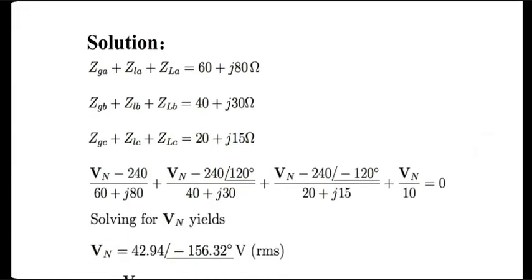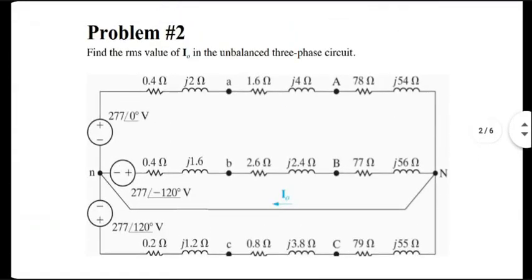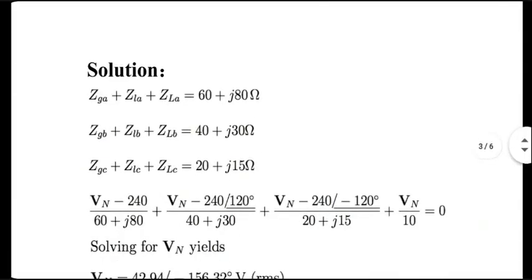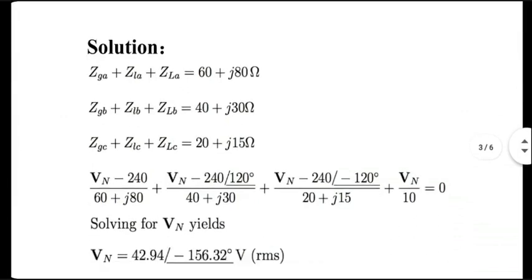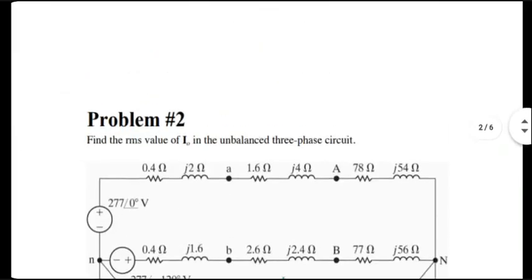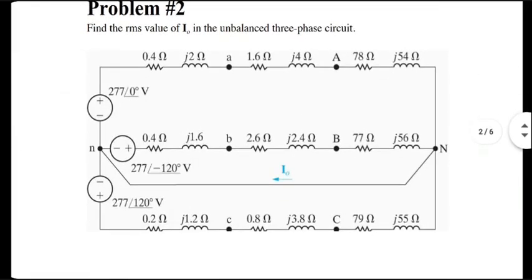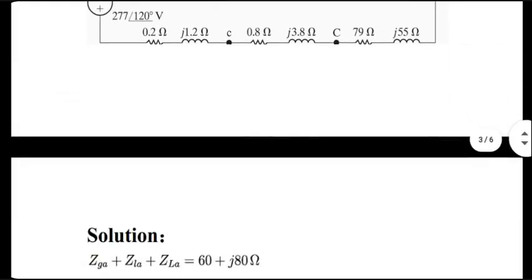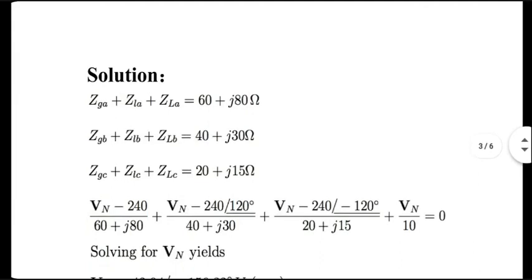Okay, so please check. Maybe there are mistakes in the calculations here, but I want you to be conceptually clear of how to handle this. The total, first of all, this is not 277 volt. I think it's 240 volts there. So 240 minus VN, or if you want to do it the other way around, then VN minus 240 divided by the total impedance in phase A will give you the neutral current, or will give you the current coming in that path.